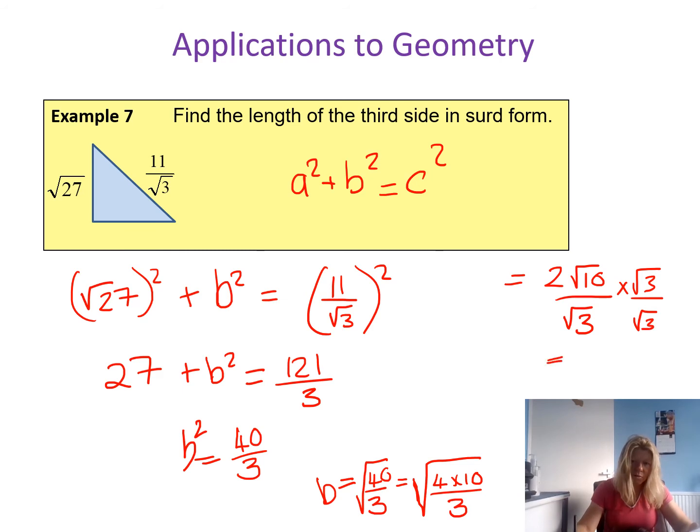So you end up with 2 root 30 over 3. I think that's our final answer, unless I've gone a bit wrong there. Just check that. No, that agrees with the calculator. Super.